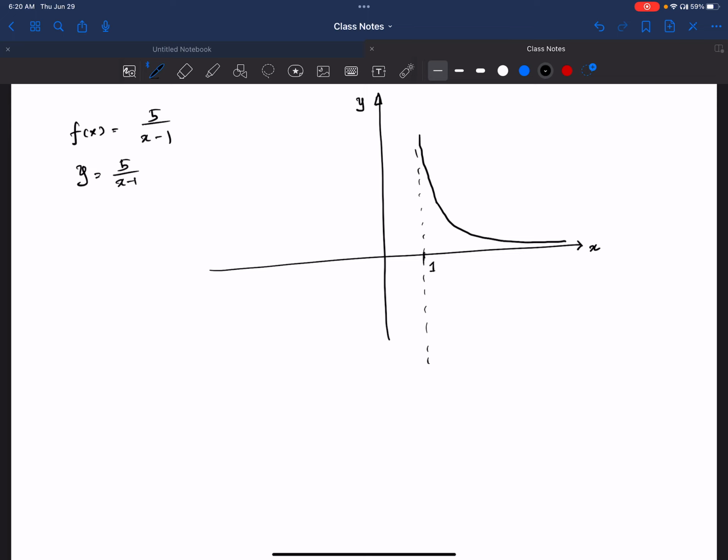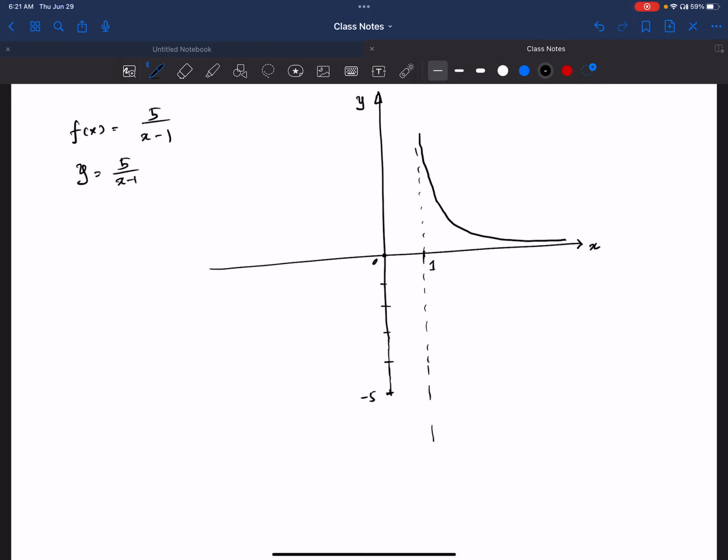So it should look like that. If x equals 0, then y equals negative 5. So this is 0, this is 1, 2, 3, 4, 5. This is negative 5.